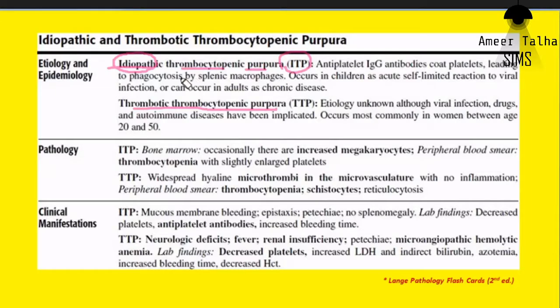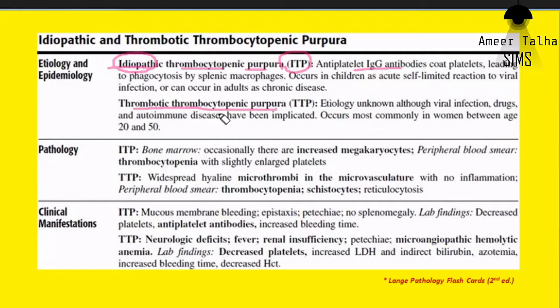So there is no known cause in ITP. The exact cause is unknown, and according to some, there are anti-platelet or anti-thrombocyte antibodies which destroy these thrombocytes or platelets. Hence, there is thrombocytopenia.